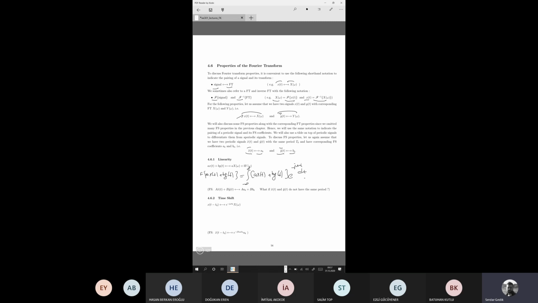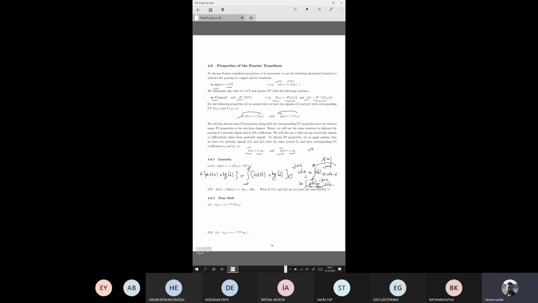I can separate the integral into two. A times the integral of x of t e to the power minus j omega t dt, plus b times the integral of y of t e to the power minus j omega t dt. So of course this is X of omega, this is of course Y of omega.